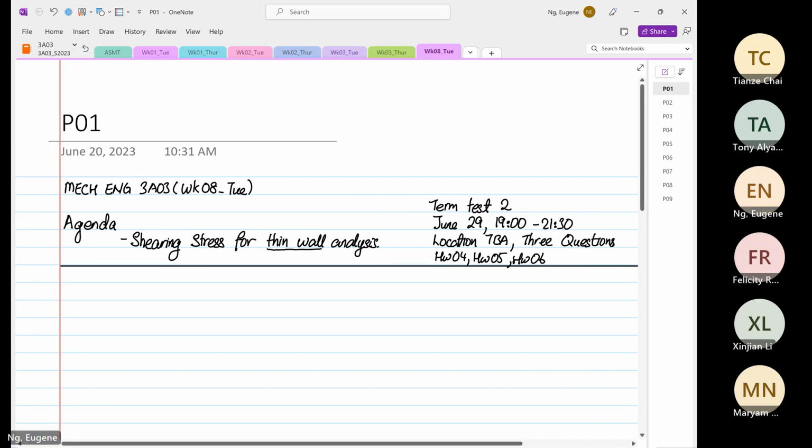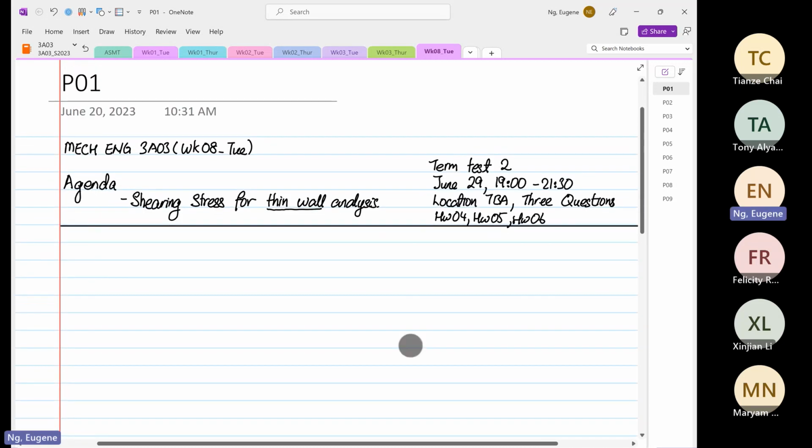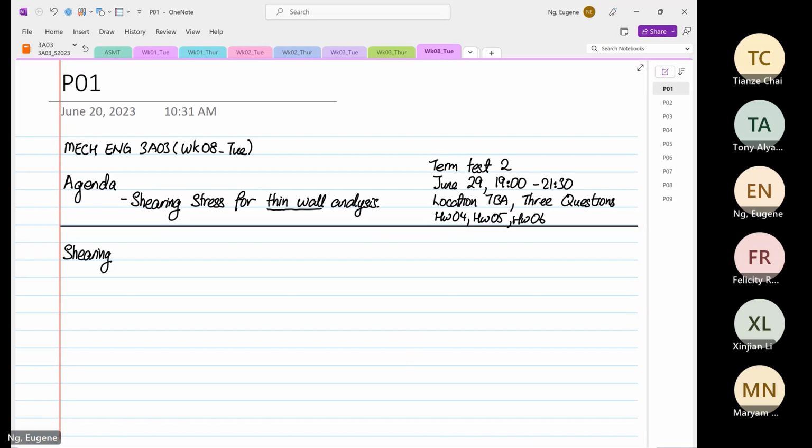Right. So we are going to now look into shearing stress. Okay. Shearing stresses in thin wall has 2 configurations.